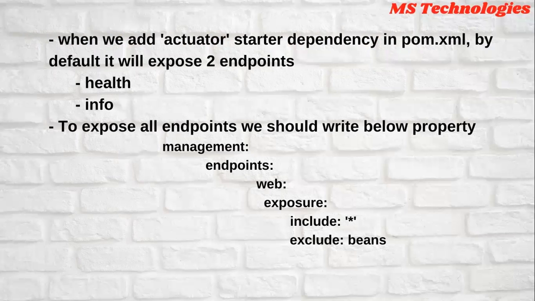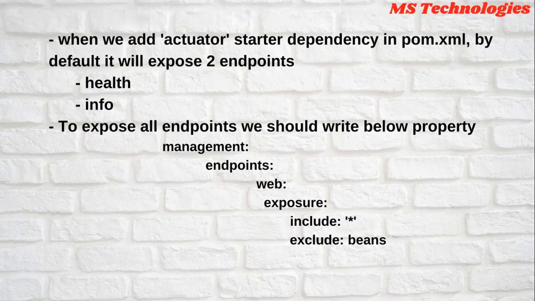When we add that dependency, by default it will expose two endpoints: health and info. Using the health endpoint, we can know the application status and condition. The info endpoint gives information about the application. These two endpoints are exposed by default because of that starter dependency.